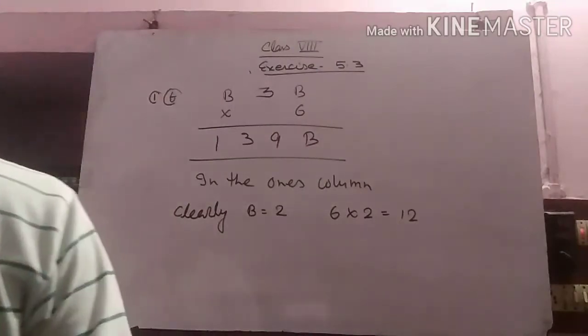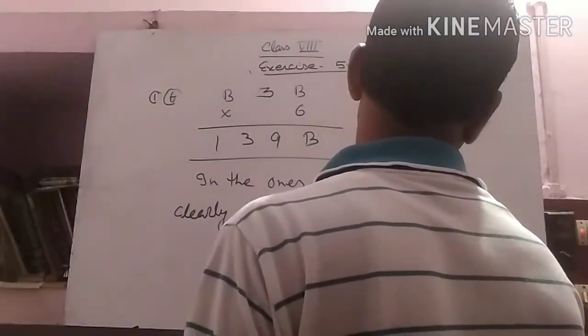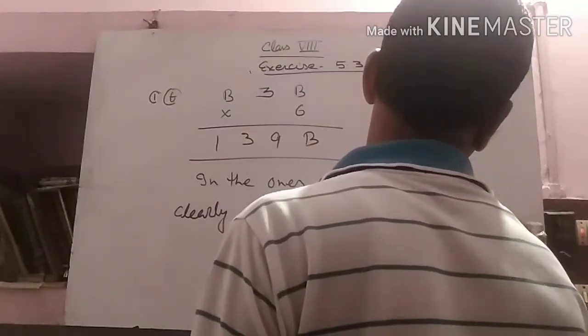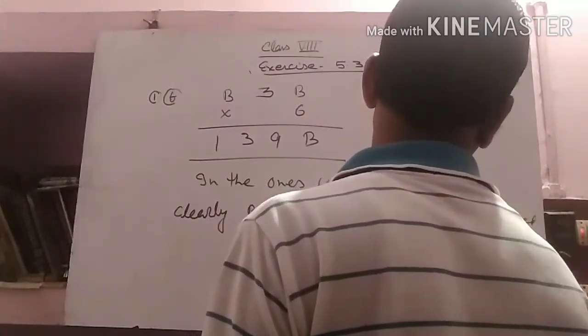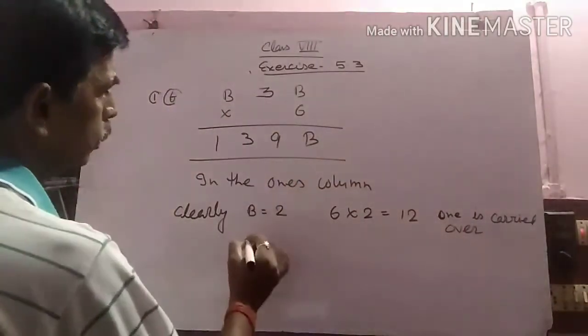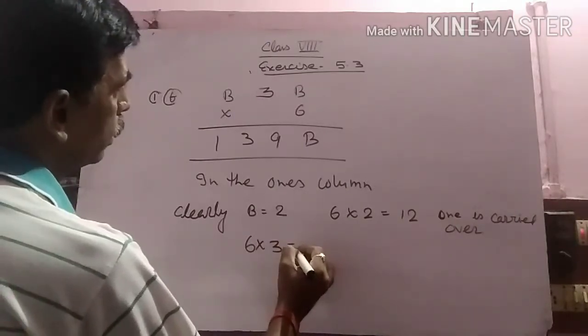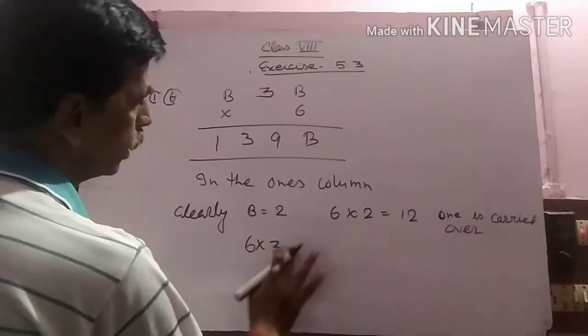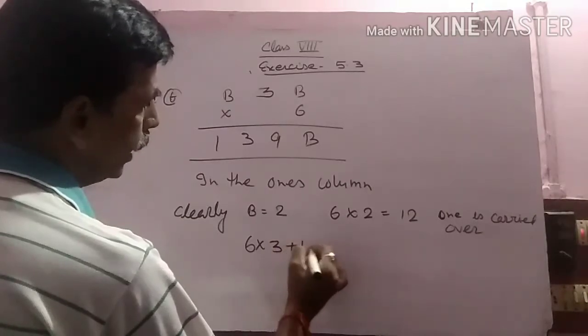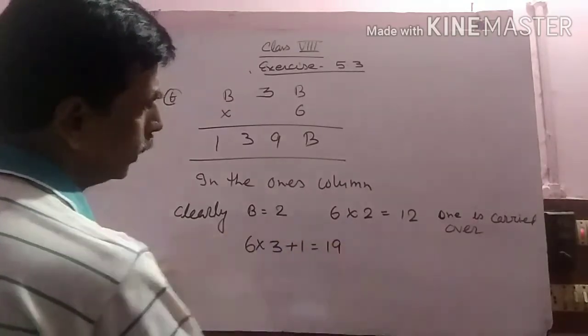And after that one is carried over. Now 6 into 3 is equal to 18 plus that carried over becomes 19.